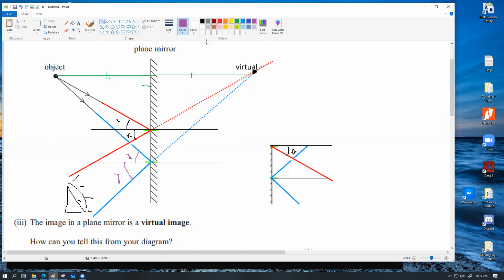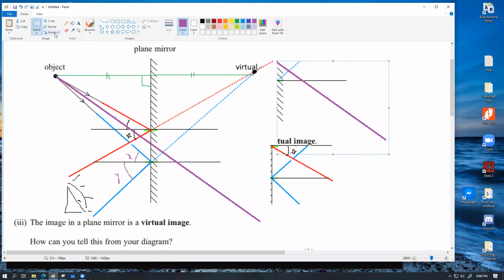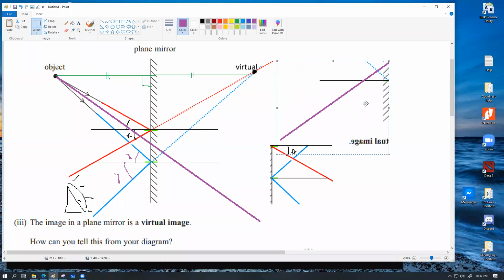For example, let's say I'm going to draw a single ray over here using purple. Just have a look. Let's say I draw up this ray, make it a bit thicker, okay? And then I can try to make it reflect about this position, to horizontal.